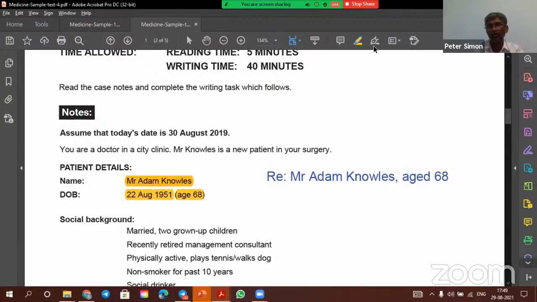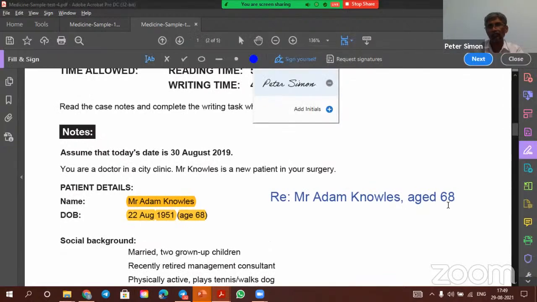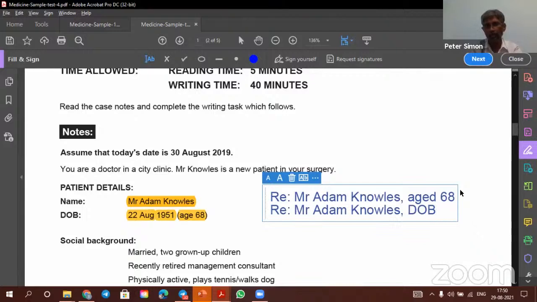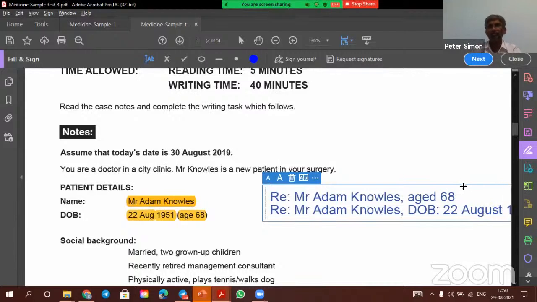So the other option is: regarding Mr. Adam Knowles, comma, DOB, then space, 22 August 1951.